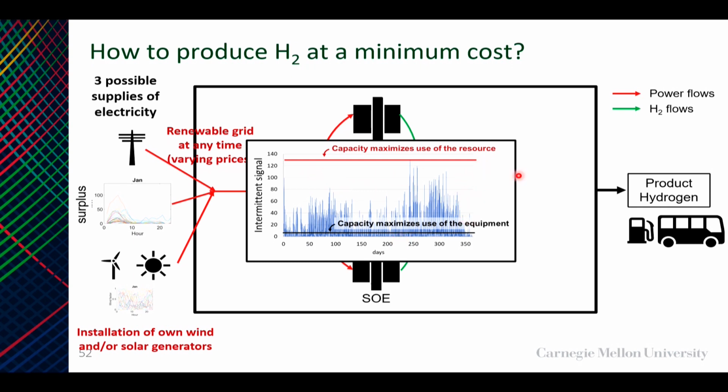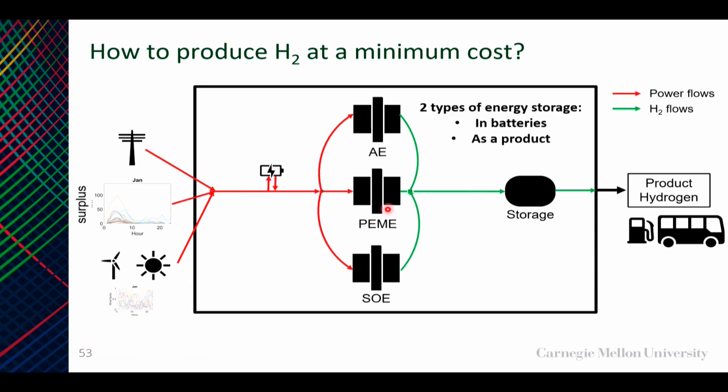One is we oversize our equipment and we are able to capture all the resource when it's there, but most of the time the equipment is not going to be used. Or we design on the other limit, where we design equipment that is always on, but actually cannot capture all the ups and downs of the electricity. So that introduces a lot of problems when we are trying to solve a design for this system.